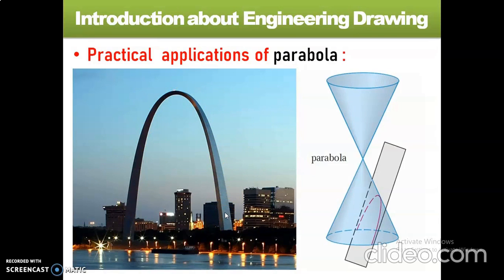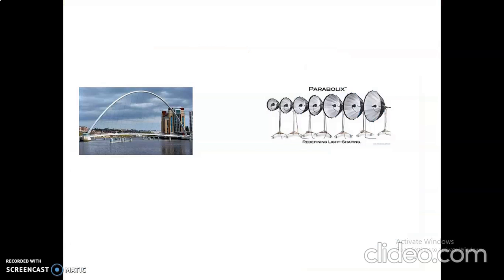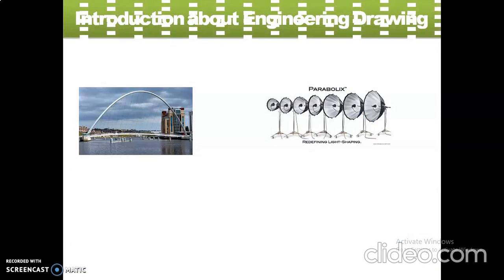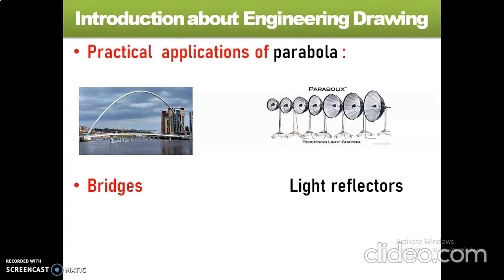And in the construction of light reflectors, these are the lights. In the construction of light reflectors and bridges, this is a parabola-shaped bridge.